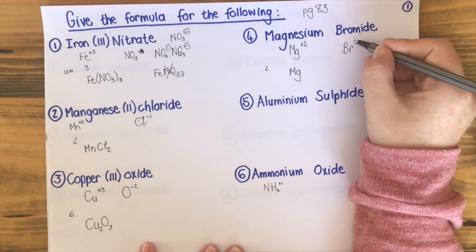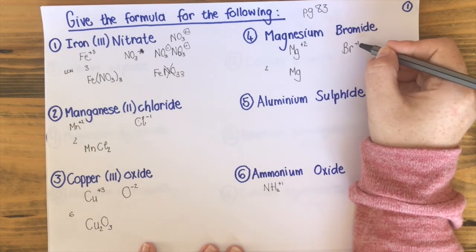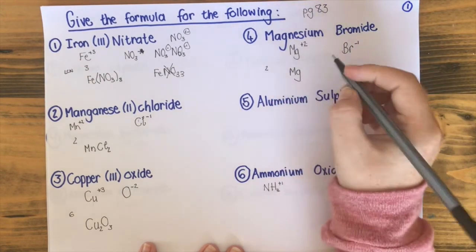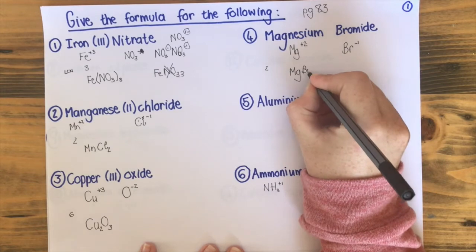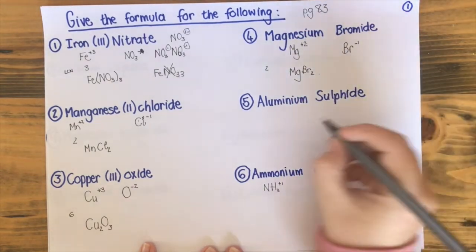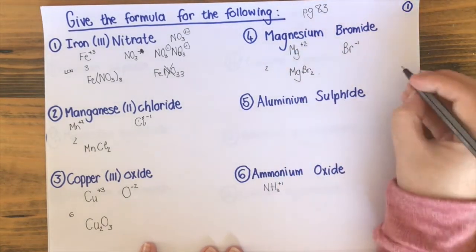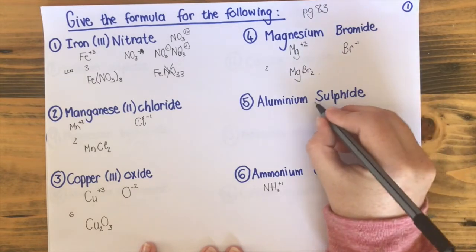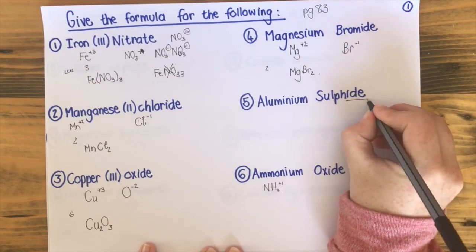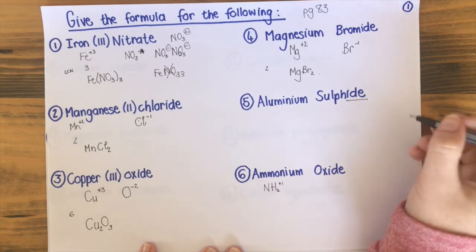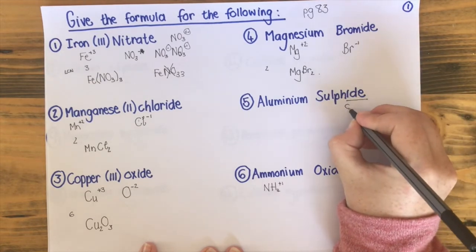Bromide, the charge is -1. It goes into 2 twice, so Br2.